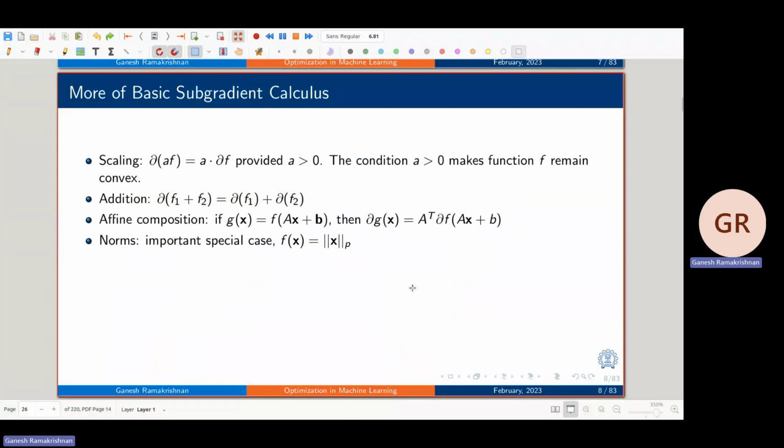Okay, now the others are simple, right? Addition is very simple. Subdifferential of F1 plus F2 is subdifferential of F1 plus subdifferential of F2. Very much like gradient, no difference at all. The first three properties are clear to everyone. So if you want, we can just write them down, but if you find it useful, let's write them down.